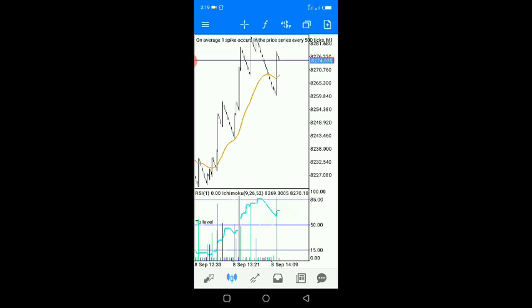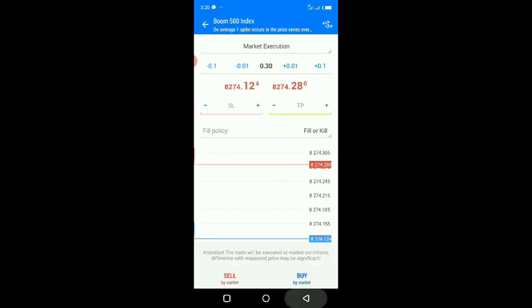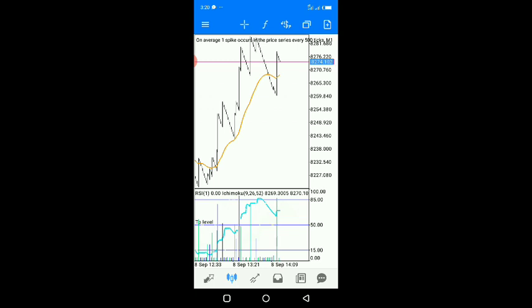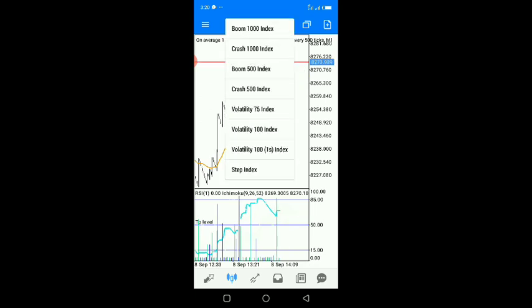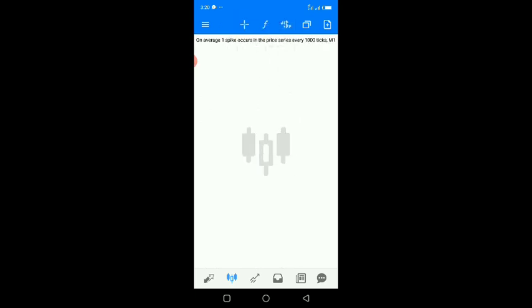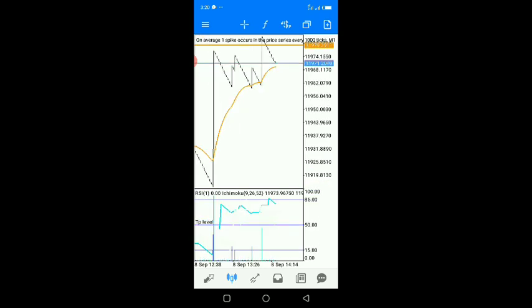For you to catch the spike using this strategy, all you have to do is wait for the Ichimoku to touch either the 85 RSI level or the 15 RSI level, and then we'll go in for either a buy or a sell. Okay, this is Boom 500. For Boom indices, whether Boom 500 or Boom 1000, let me go to Boom 1000 and see if there is any proper setup which I can use to explain.